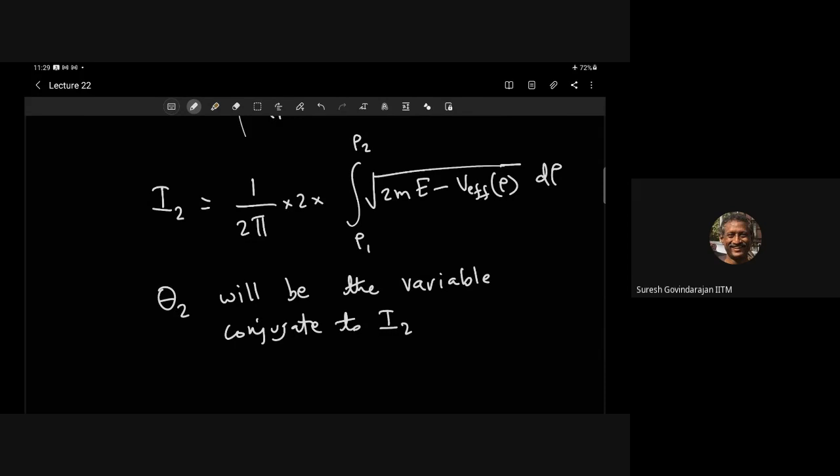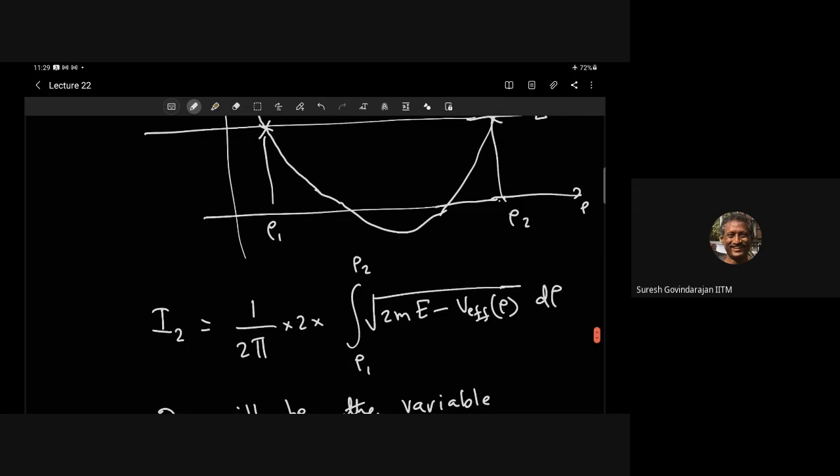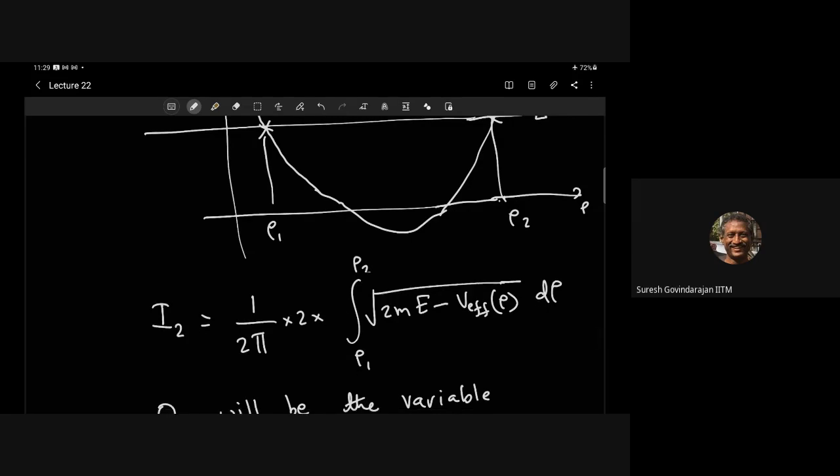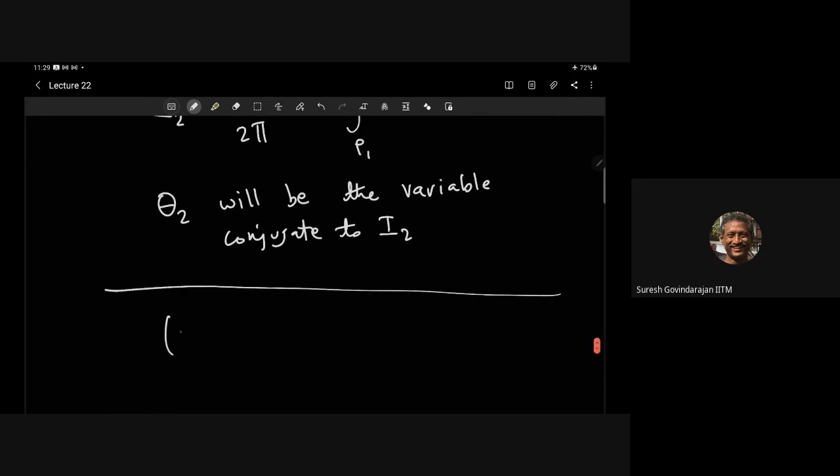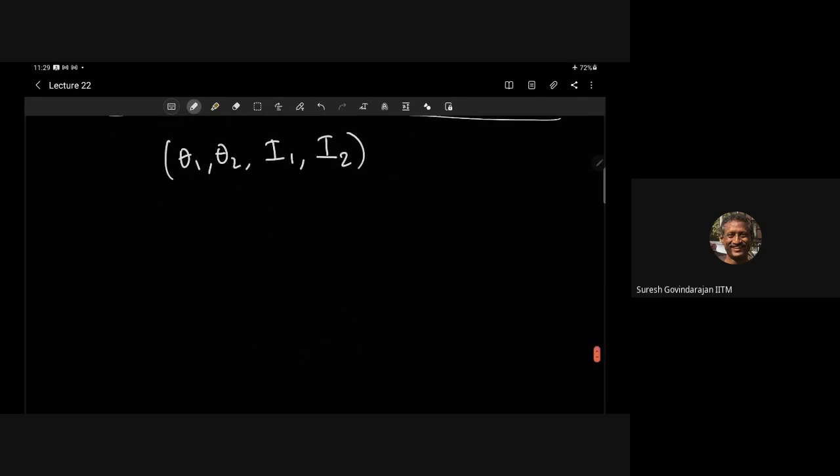So for instance, I don't know in what cases we can do the integration, but you can see that what we have is theta 1, theta 2, I1, I2. Okay, and what will happen?